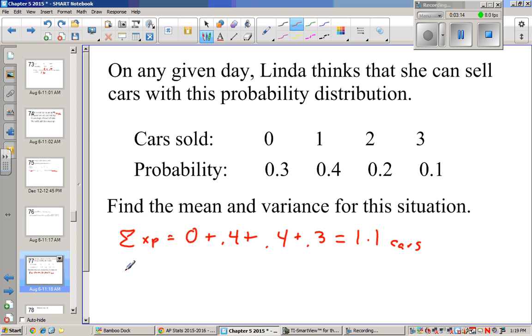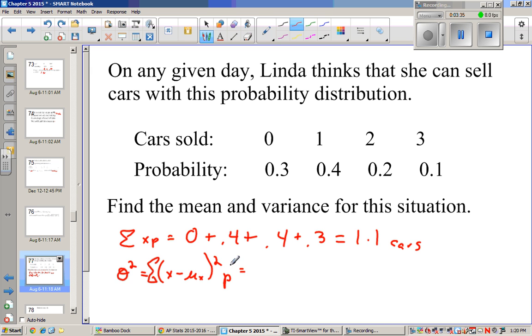Now it says the variance. The variance is a little tricky. What we're going to do is we're going to take each x value, we're going to subtract its mean and square it, and then multiply it by its probability. And then once we do that, we got to sum that all up.